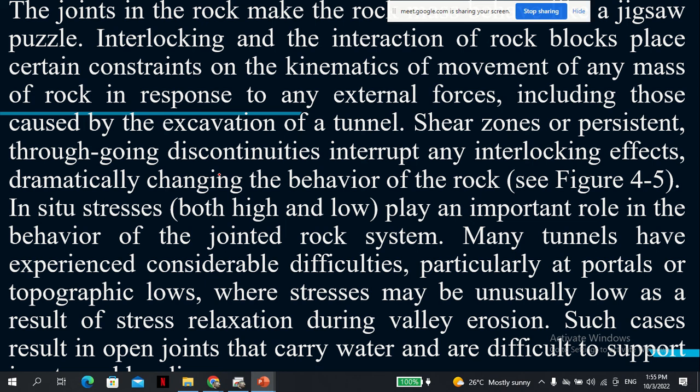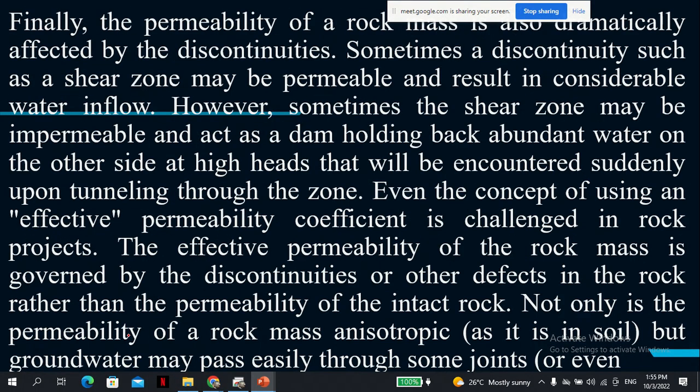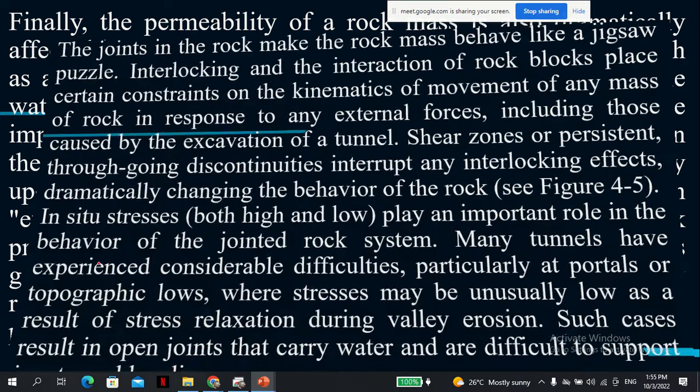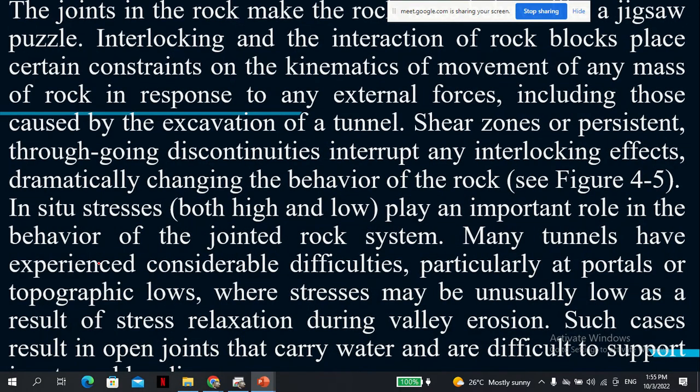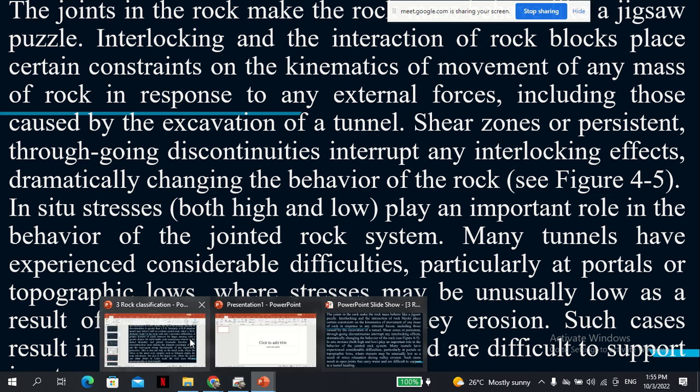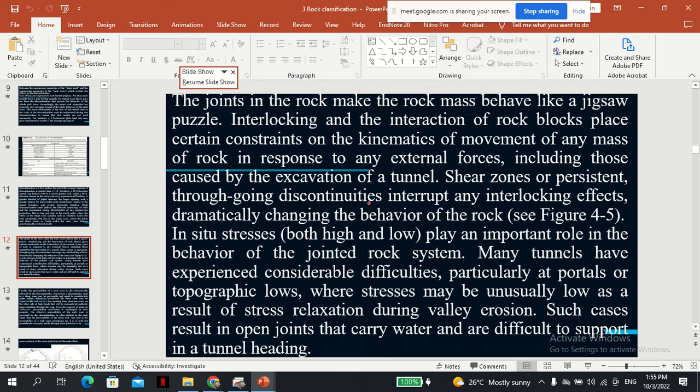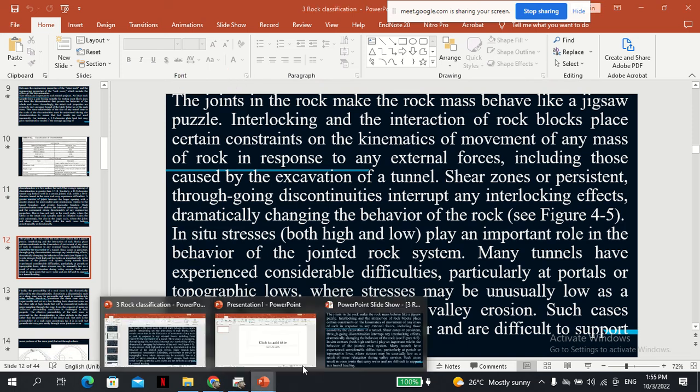Many tunnels have experienced considerable difficulties, particularly at portals or topographic lows, where stresses may be unusually low as a result of stress relaxation during valley erosion. Such cases result in open joints that carry water and are difficult to support in a tunnel heading.